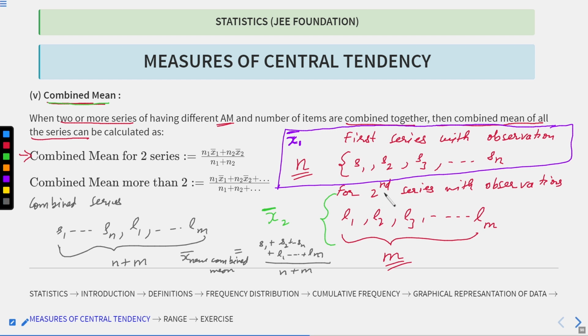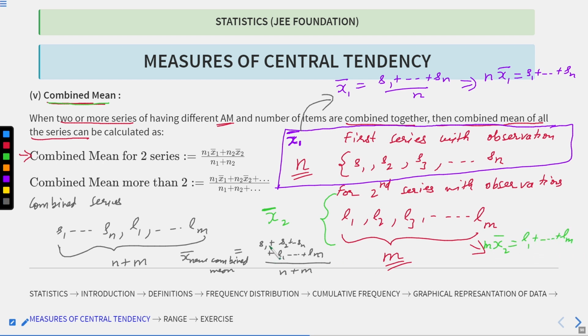Now from this we know x1 bar is equal to S1 plus till Sn divided by n, which means n times x1 bar is equal to the sum of all observations of the first series. And in a similar manner, m times x2 bar is equal to L1 plus till Lm.